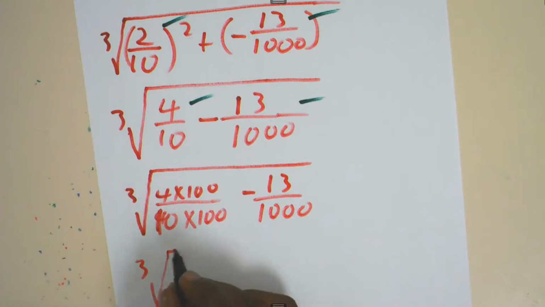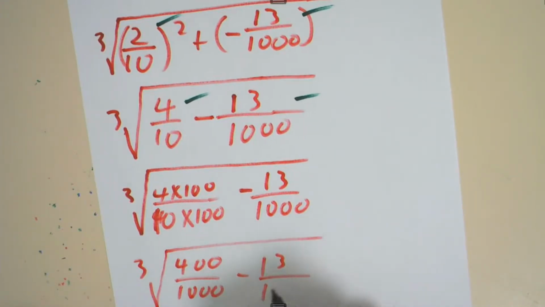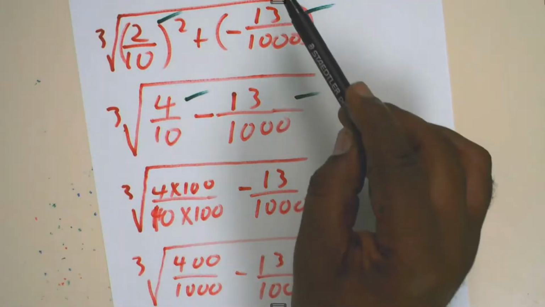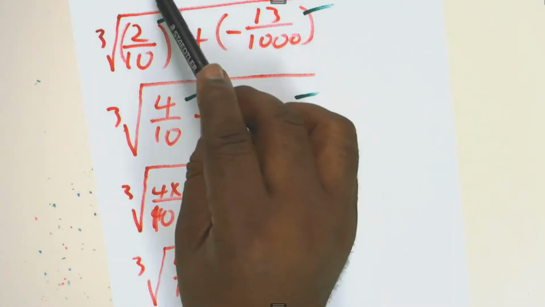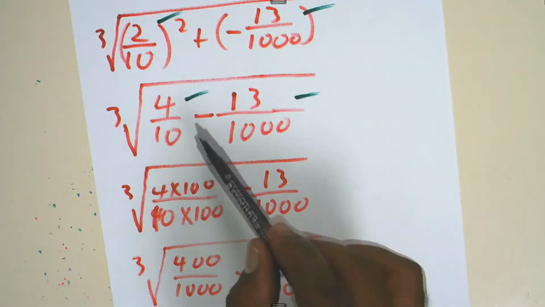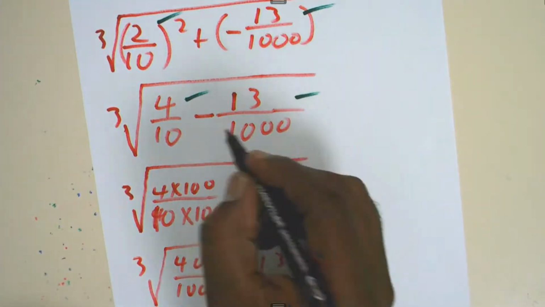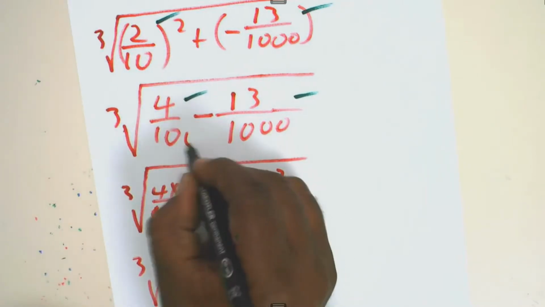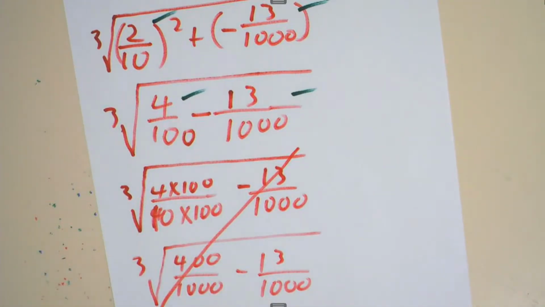Cube root of 400 over 1,000 minus 13 over 1,000. Just want to check whether I copied it correctly. 1, 2, 3 is 1,000. And then 2, 4 over 100. You see now, this is why I could pick it up. 2 multiplied by 2 is a 4. 10 multiplied by 10 is a 100.